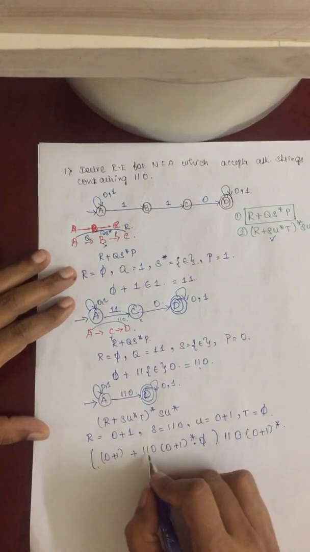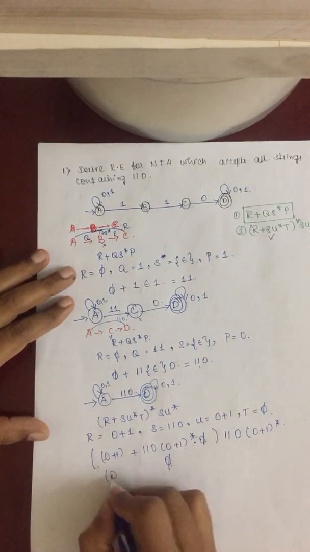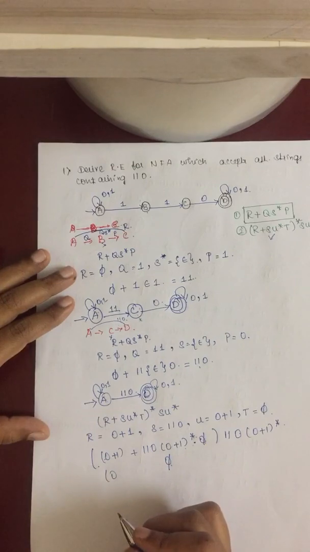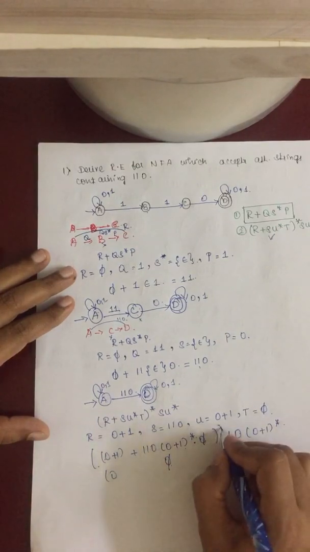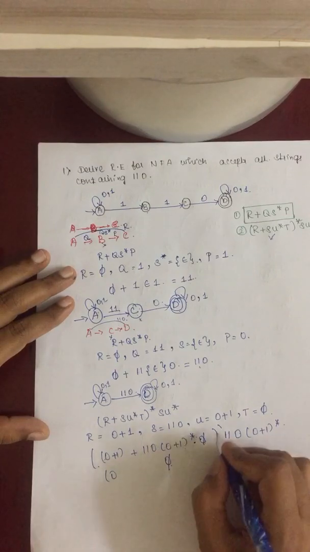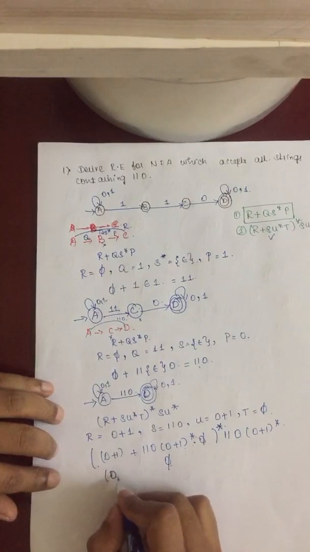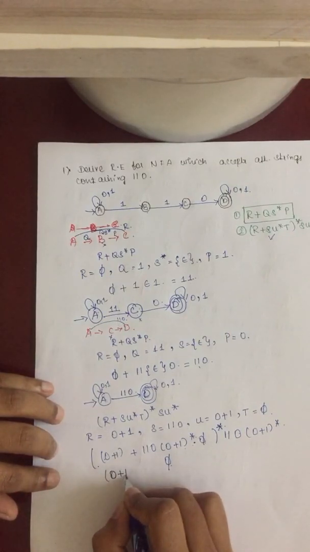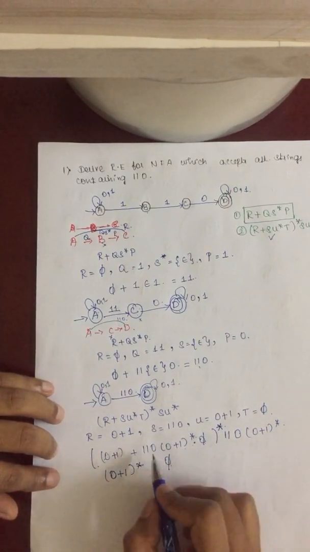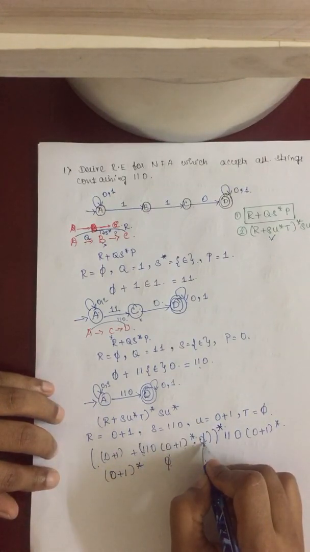Since we are concatenating this expression along with the null, the entire term will become null. Sorry, there the whole star will come, right? Okay, here 1 star because of the whole star. Fine. So finally we'll get (0 or 1) the whole star. This entire term will get ignored because we are concatenating it with the symbol null.